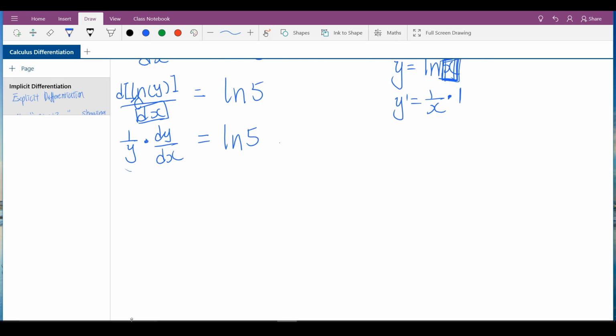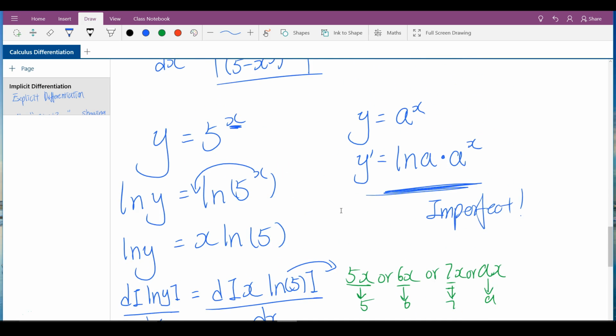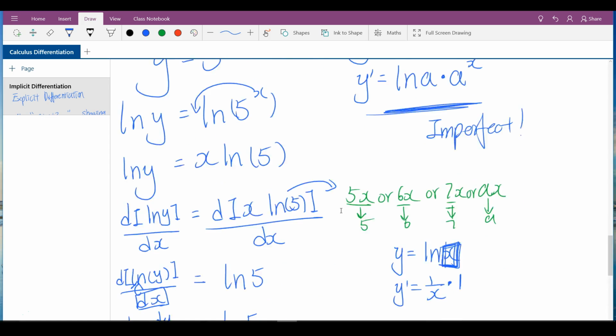Right? And now we know that dy dx is equal to ln 5 multiplied by y. And remember, what is y? y is just 5 to the power of x.